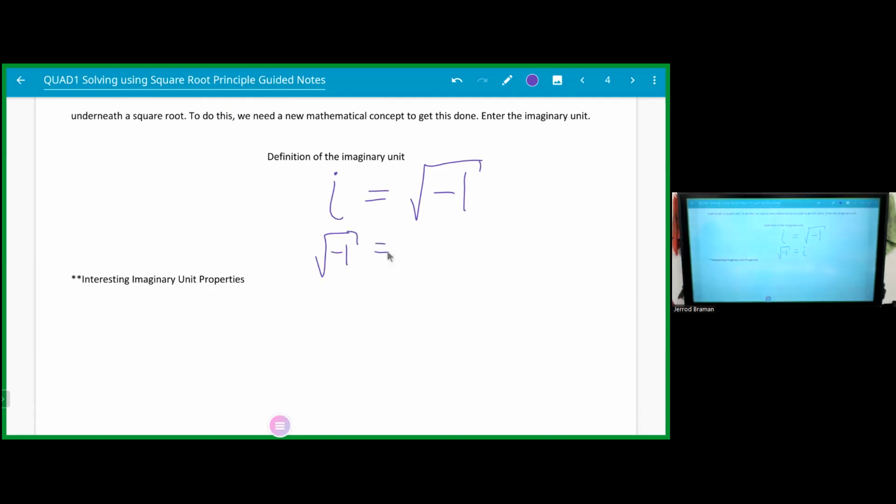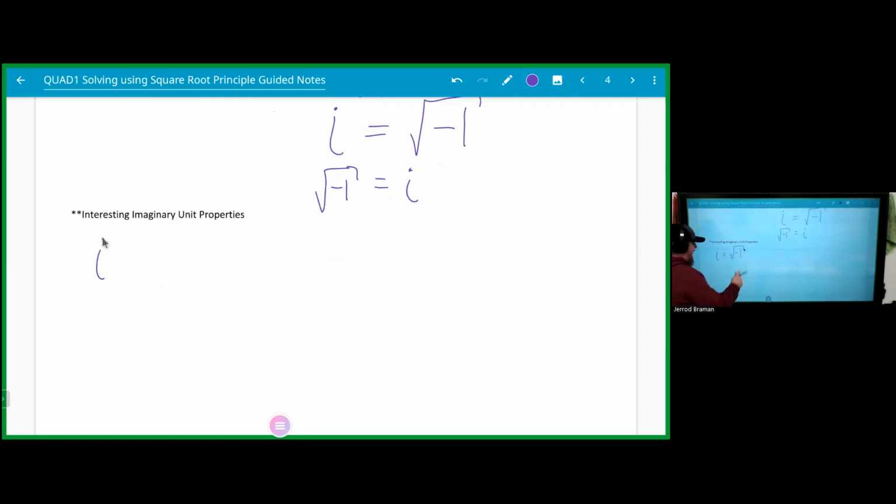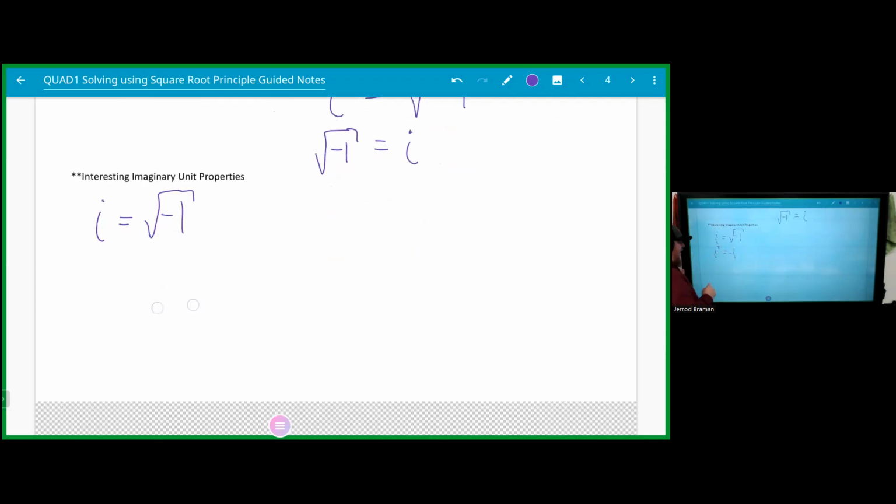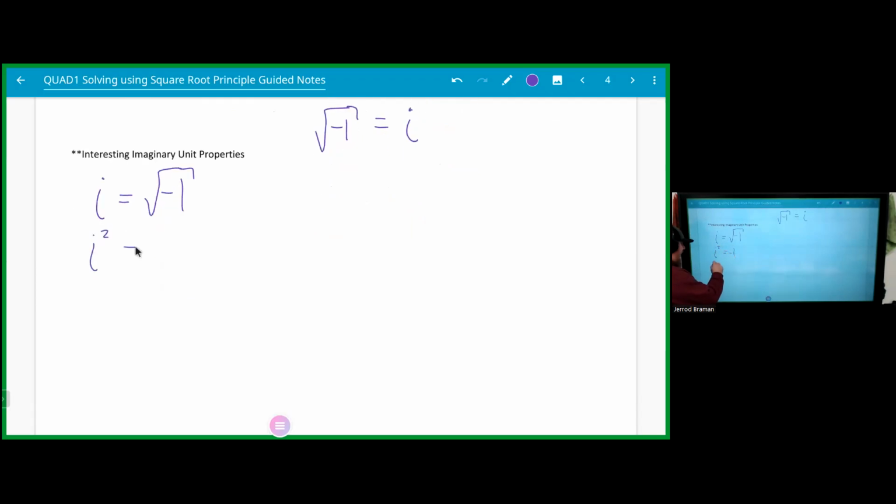So, with that said, we have a couple properties I'm going to introduce to you now. I want you to just take them and put them in your back pocket, or your math toolbox, if you will. We'll use that later. What I want you to know: we've got i, which is the square root of negative 1. i squared is negative 1. i cubed is negative square root of negative 1.